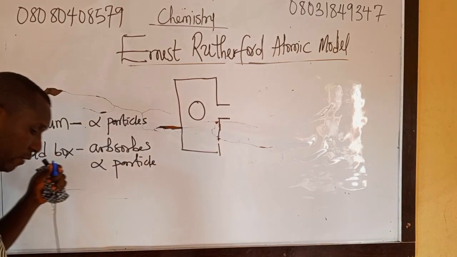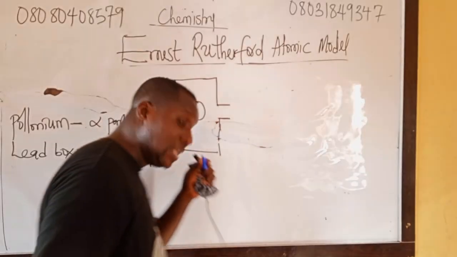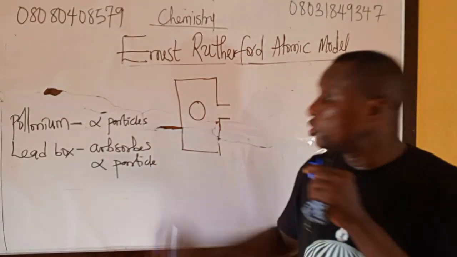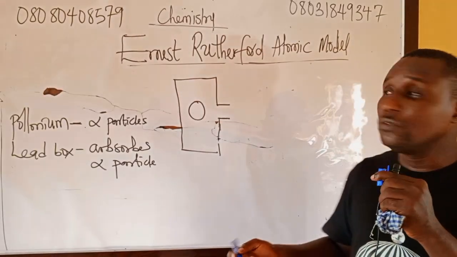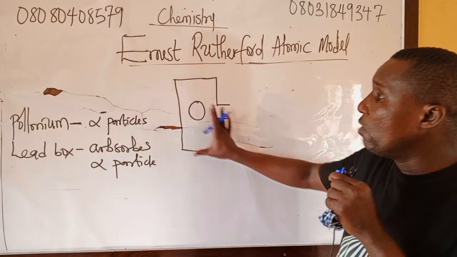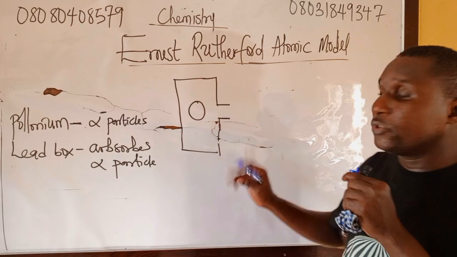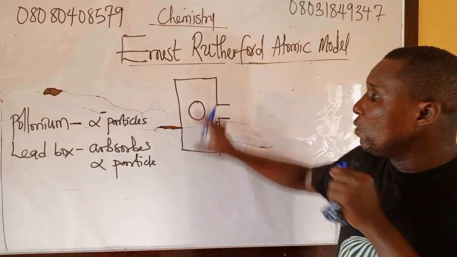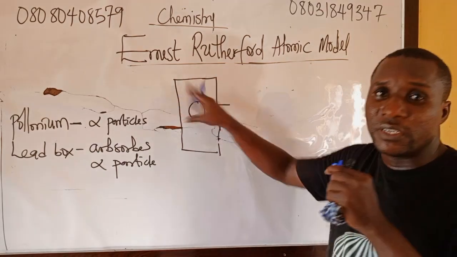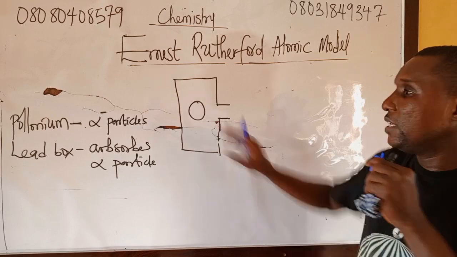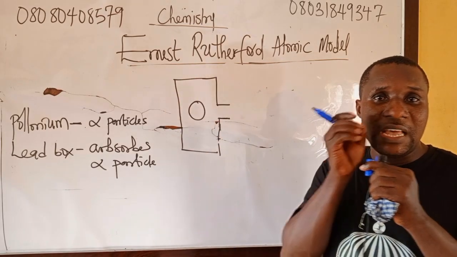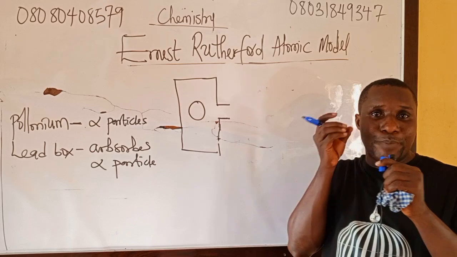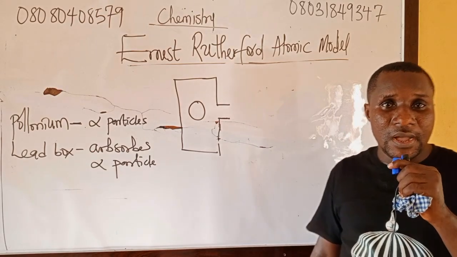He used polonium because polonium produces alpha particles. Then he put the polonium inside lead balls. The lead absorbs alpha particles. It doesn't want the alpha to scatter around in the balls. That is why he used lead balls, because the lead will absorb a little part of the alpha particles.